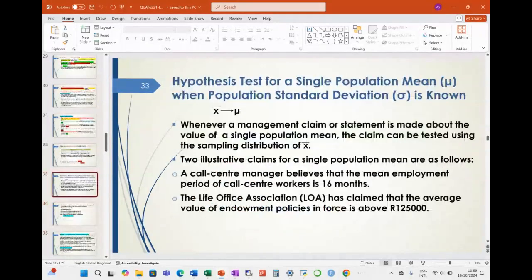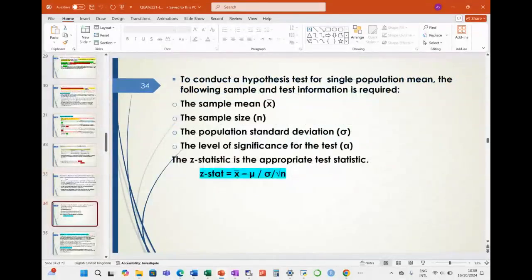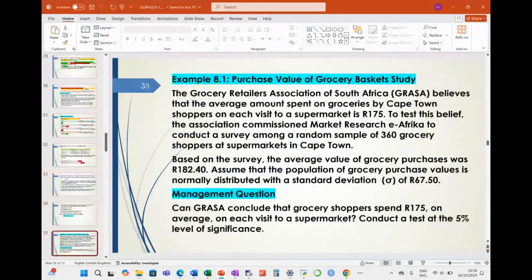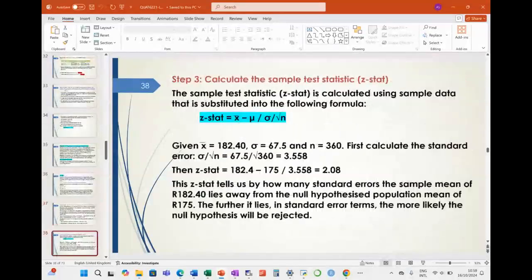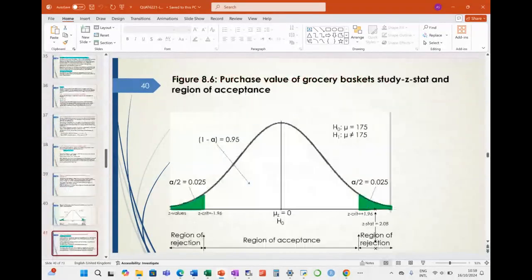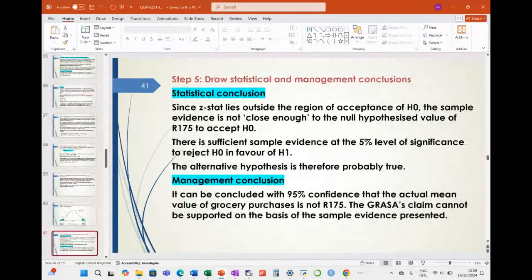And here now they start to give you examples. So go through these examples when you have time, and then redo the revision exercises in your own time. Learning Unit 8 is actually a good unit.